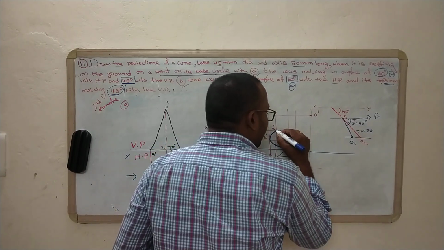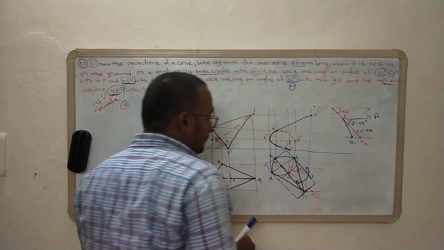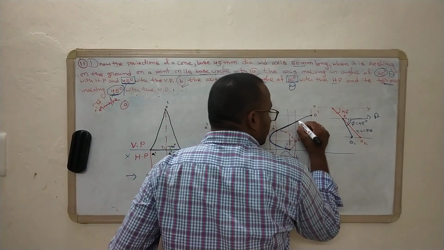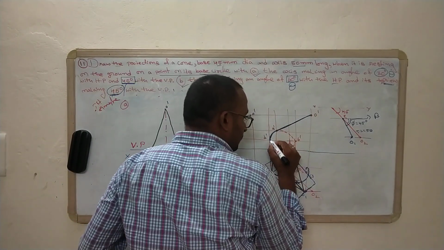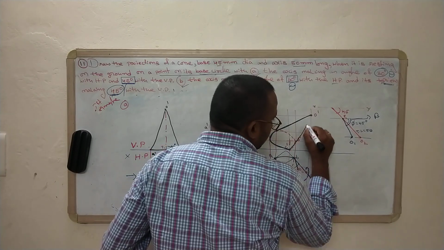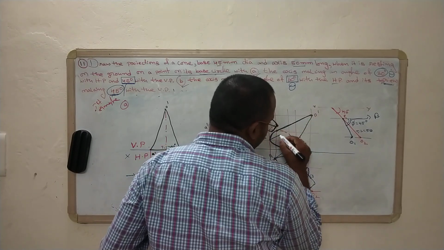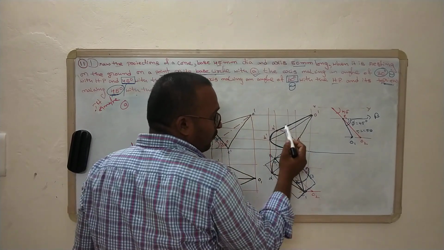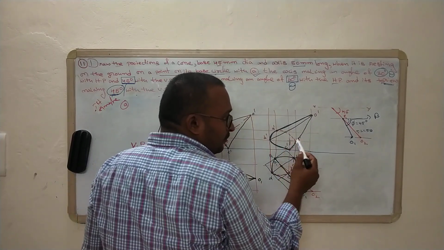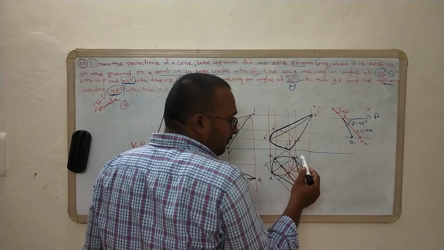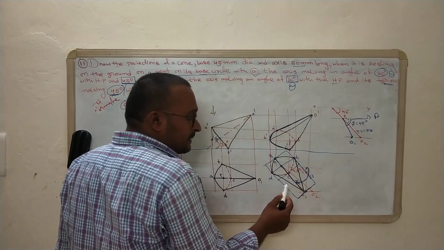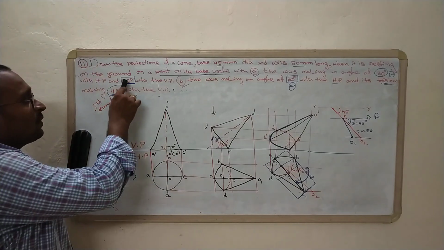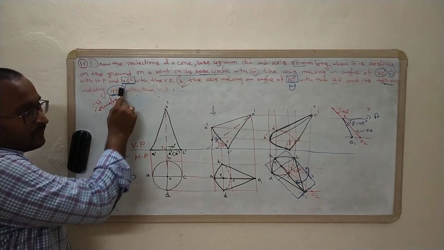And then now combine all of them. So here it is the finalized front view of the given problem, and then the finalized top view of the given problem. So here this is the first condition, right?